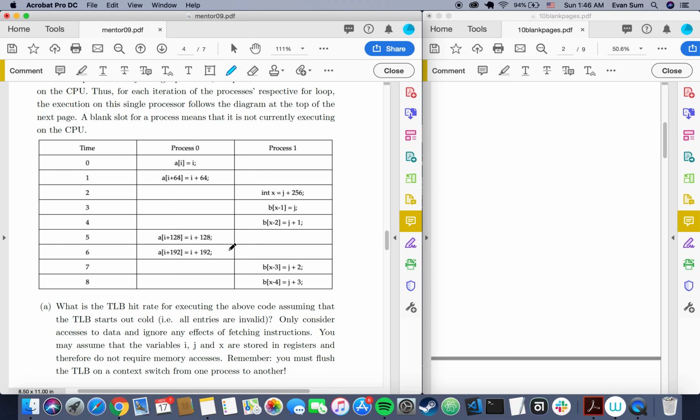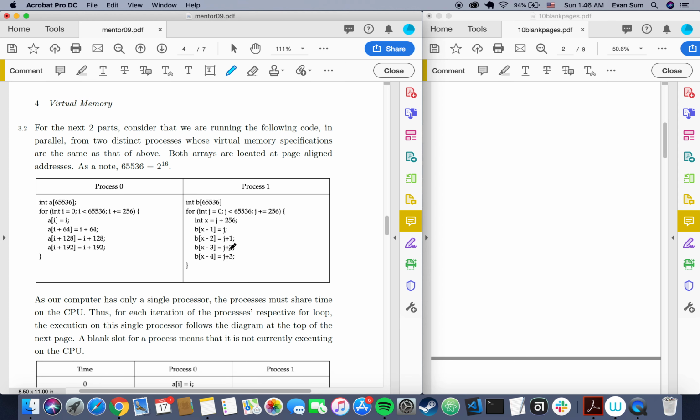So now let's look through what's given to us. We know that whenever you want to translate some virtual address to a physical address and you don't have the mapping, you are going to end up getting some page of information.